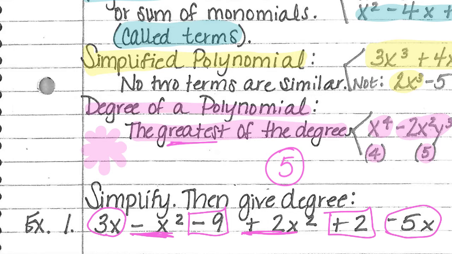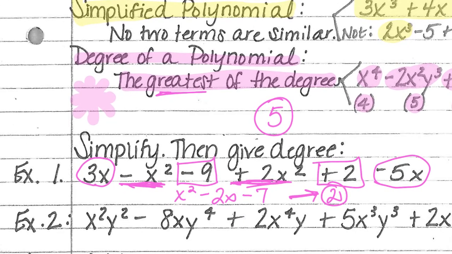I have 2x squared and negative x squared, which is just x squared. I have a 3x and a negative 5x, which is negative 2x. And my constants, negative 9 and positive 2 is negative 7. Now, if I had to find the degree, I have a 2, a 1, and a 0, so the degree of this whole thing is 2.